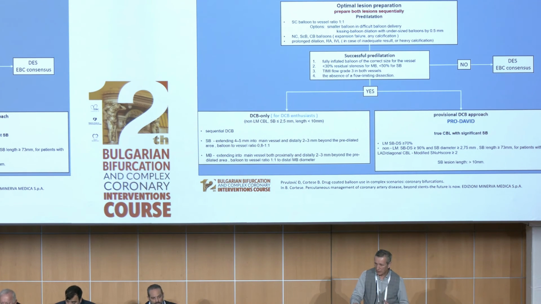Personally, even for smaller lesions, but in any case with a complex lesion, with the left main and LAD with a significant side branch, maybe with the definition criteria, I propose this so-called provisional DCB approach.